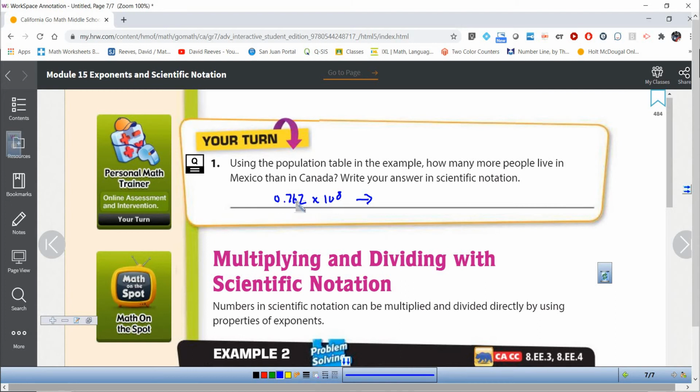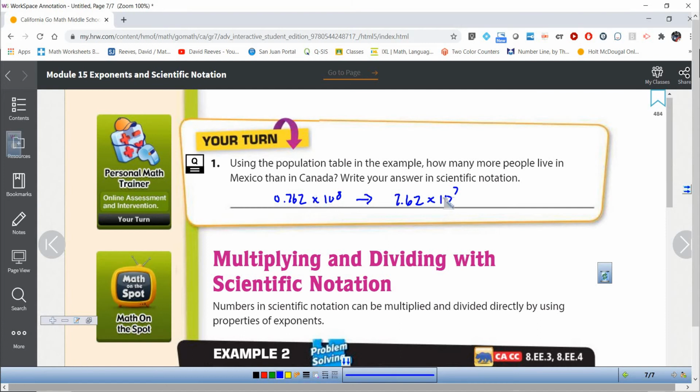So I'm going to change this to 7.62, but I just made this one 10 times bigger, so I have to make this one 10 times smaller, right? So 0.762 times 10 to the 8th becomes 7.62 times 10 to the 7th. Again, this number here has to be greater than or equal to 1 and less than 9. That's why I changed it.